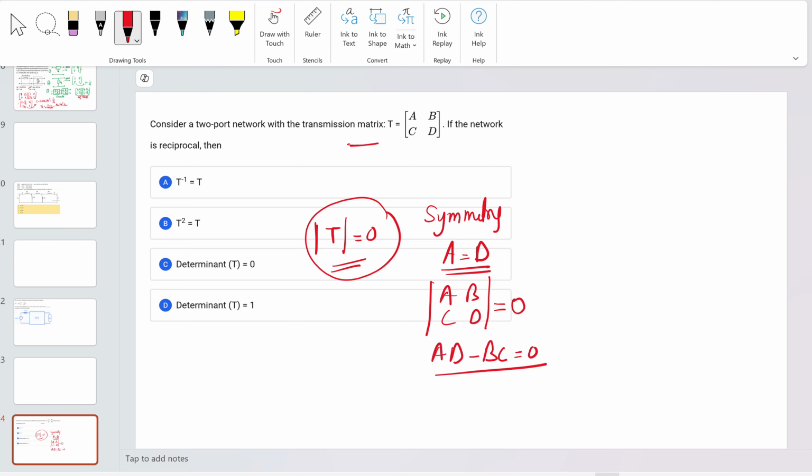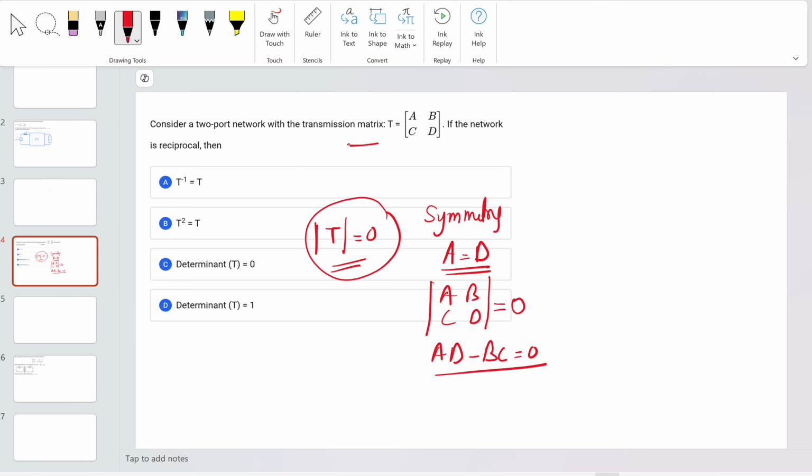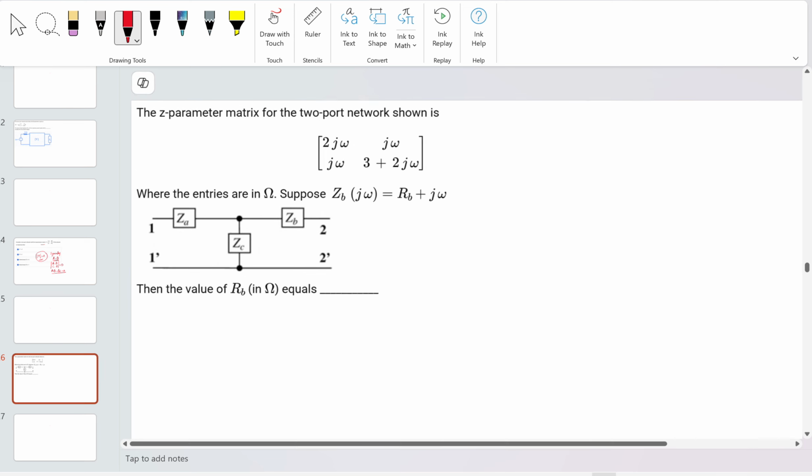This is a memory-based problem, so you don't have to go into the depth. Try to solve this problem.